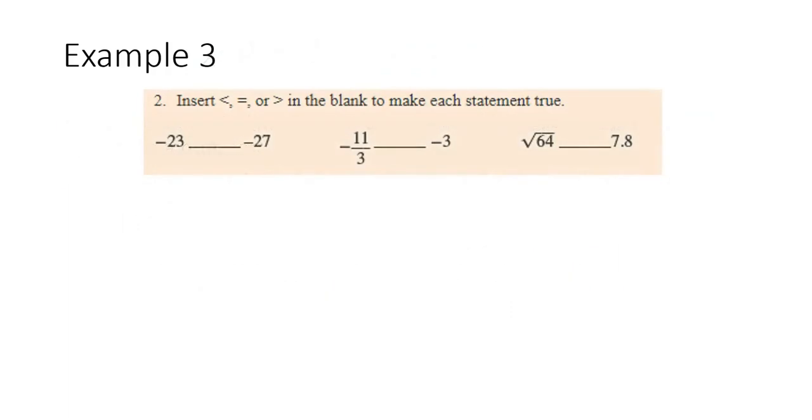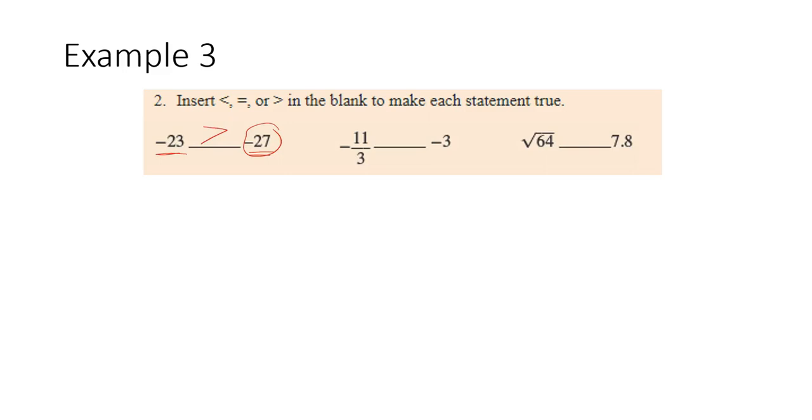So let's try another one here. We have negative 23 and negative 27. Negative 27 is the greater negative number. It's more negative. And so it is less than negative 23. So negative 23 is greater than negative 27.